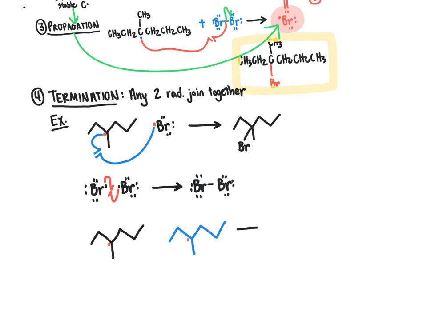And this would happen if we had no or very little bromine left over, so that statistically it was most favorable for these two radicals to come into contact with one another. So the unpaired electron from that carbon comes over, teams up with the unpaired electron from the other carbon, and that's going to create a covalent bond between those two carbon atoms. So we've created a new carbon-carbon bond there.